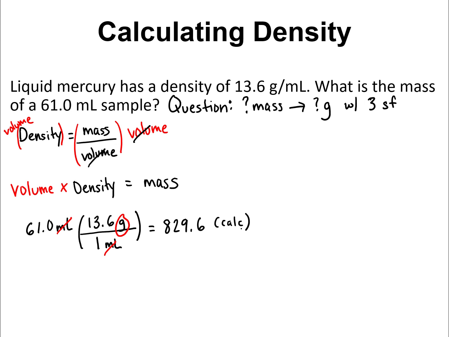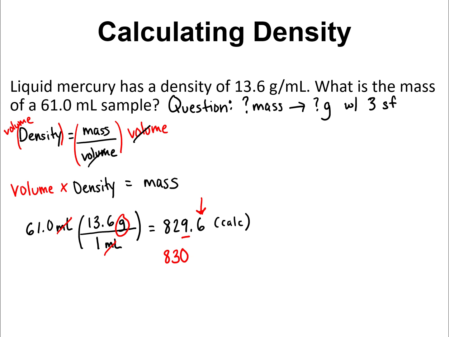This is our calculator answer, 829.6. We only need 3 sig figs. We're looking at this 9. There's a 6 next to it. So we need to round up. In this case, you can't go anywhere after 9. So you have to write 830.